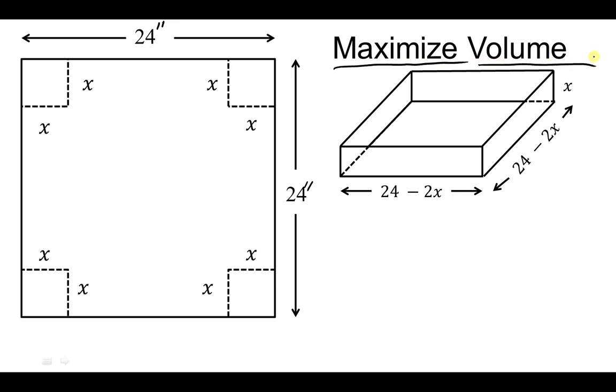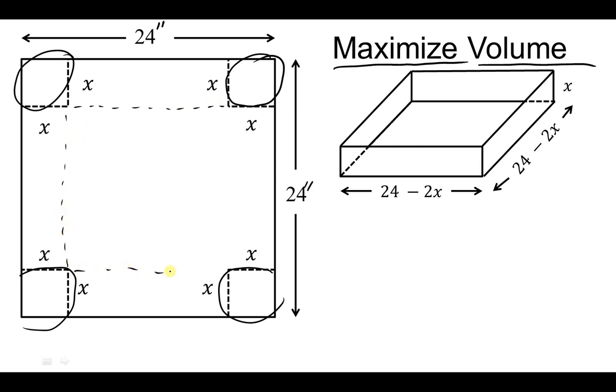And as you can see, what we're going to do is cut out x inches along the dotted lines here from each corner, and then turn up the flaps so that we form a box that looks like the figure on the right.